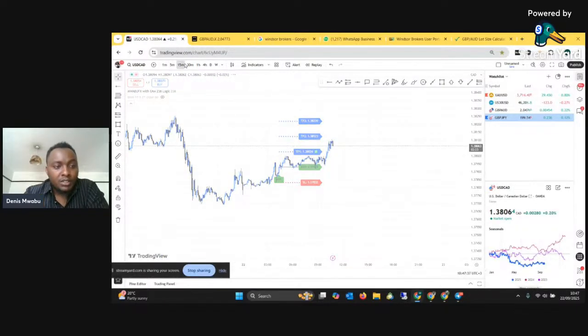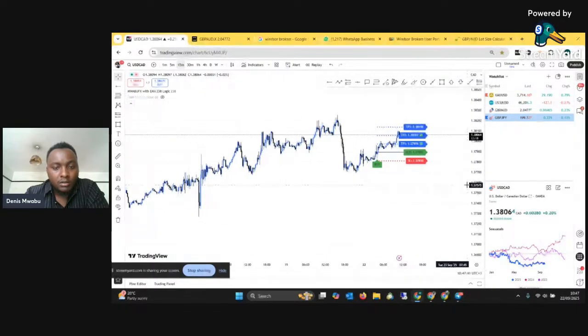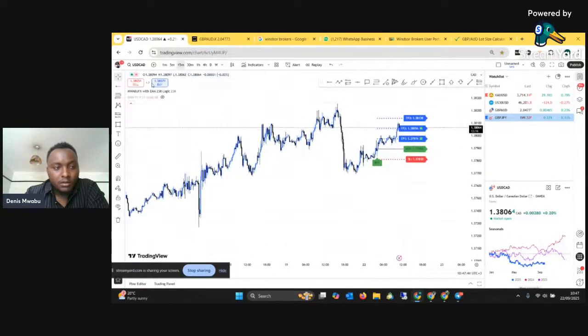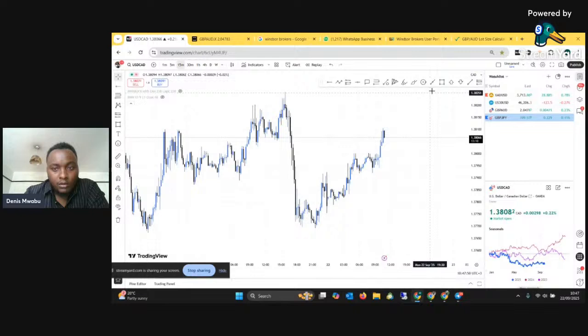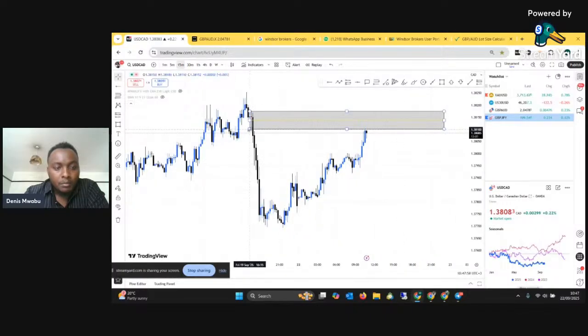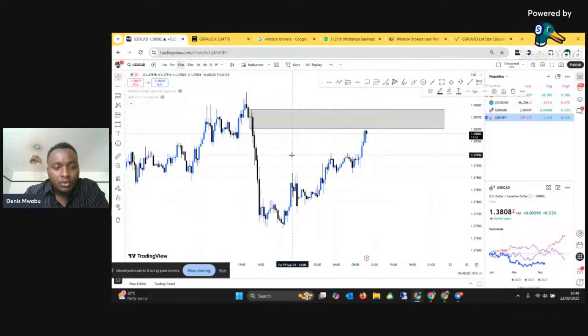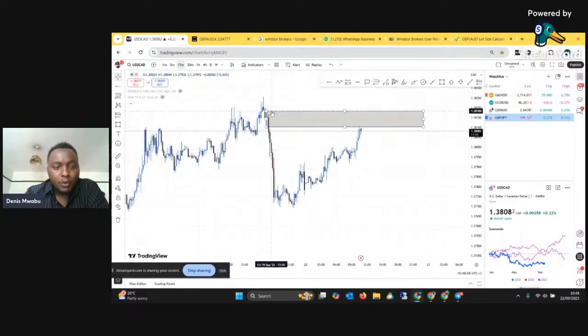We might have sales of this USD card from this particular area. Remember what I told you? What did I tell you, guys? Previous contrary candle.